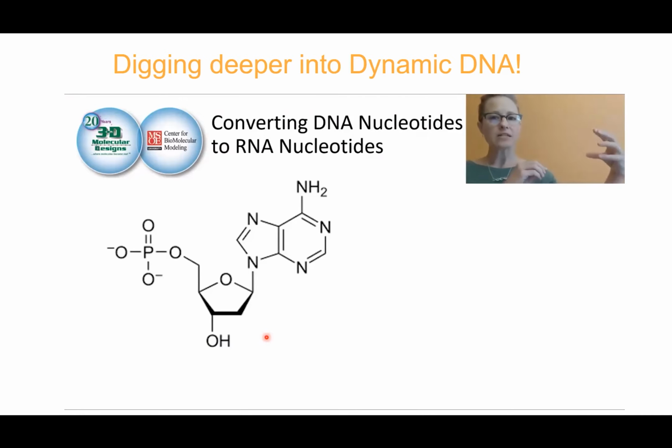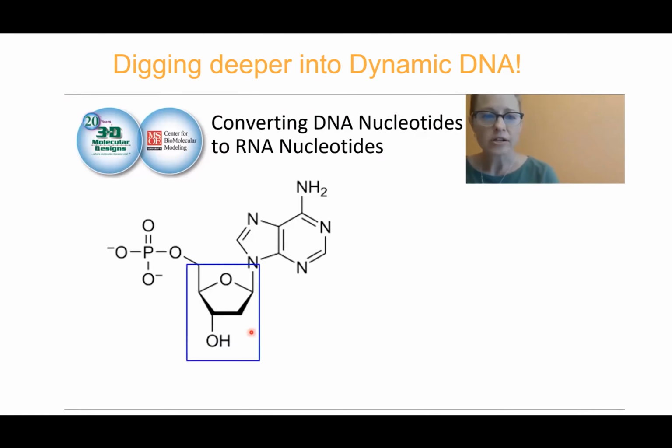We have our deoxyribose sugar in our DNA nucleotides and our ribose sugar in our RNA nucleotides. So why is that important? It only takes a second to go into that difference between deoxyribose and ribose and solve that maybe slight discomfort students might have when they say, well, how are deoxyribose and ribose different?